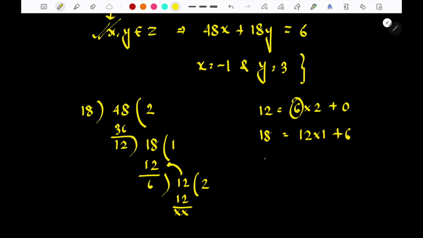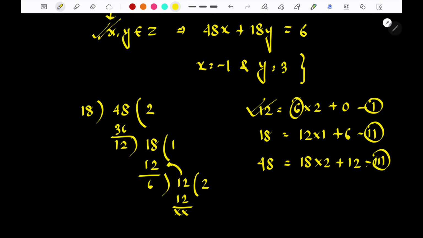Now 48 can be written as 18 into 2 plus 12. So basically, we proceed from 48 to 12 and write all the steps mentioned from last: this is first, this is second, this is third. Now 48 is equal to 18 into 2 plus 12.